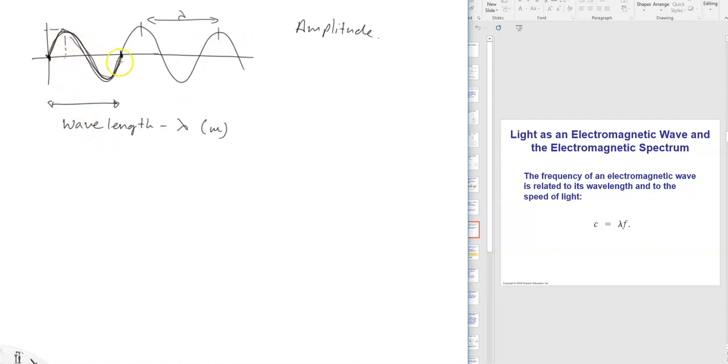Time for one full wavelength, or time for one full cycle, is the time period, measured in seconds.